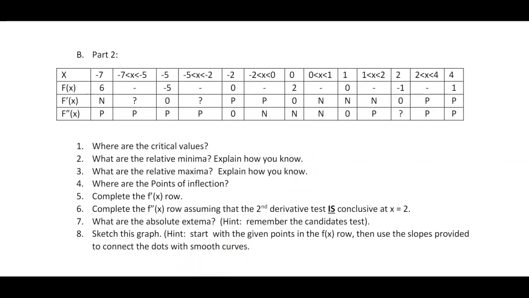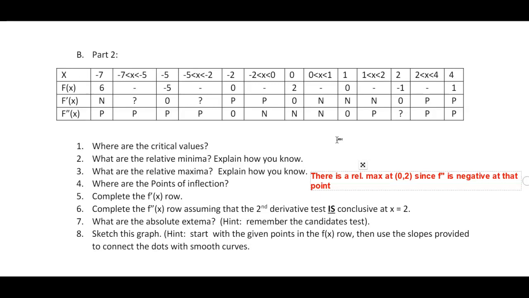And so what we would say to that then is we would say for number 3, the relative max is at 0, 2, since f double prime is negative at that point.